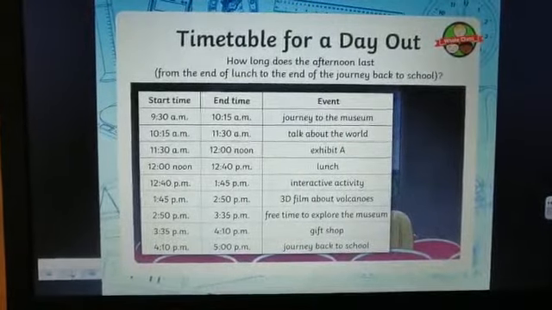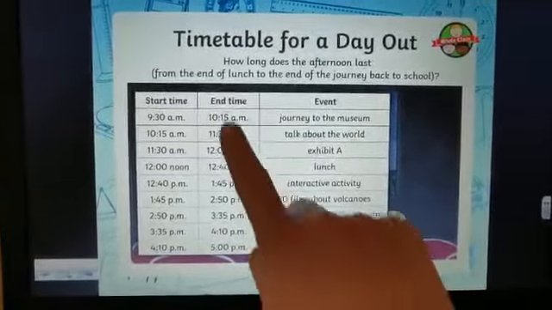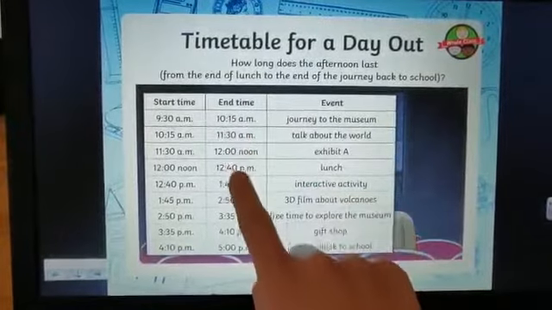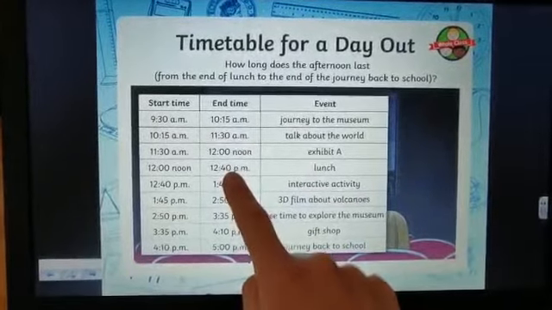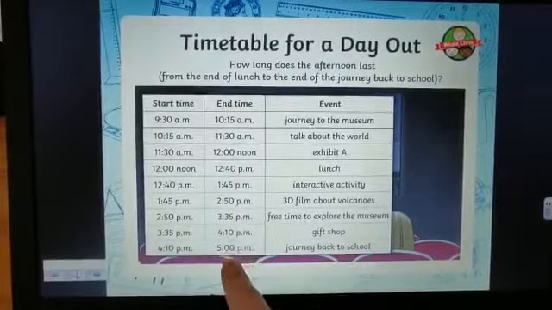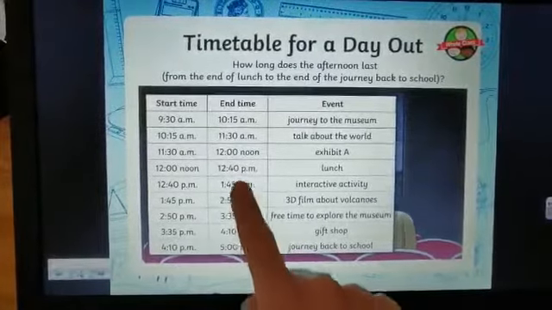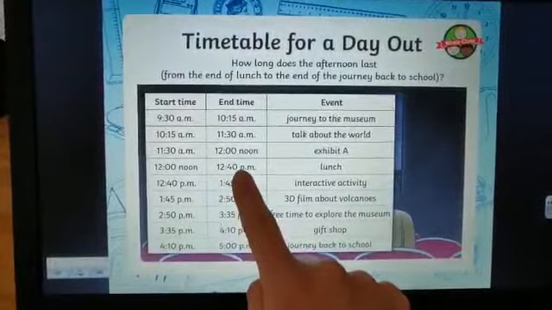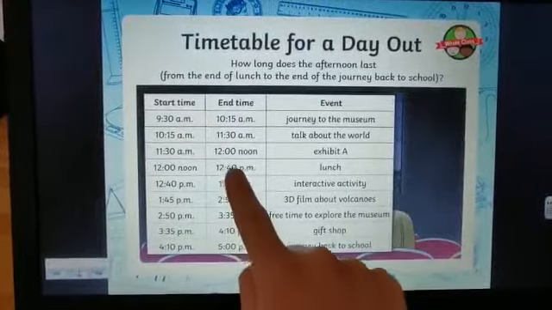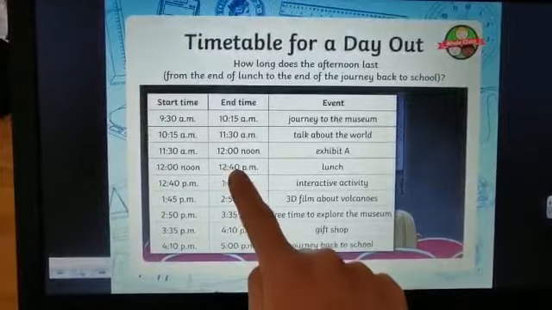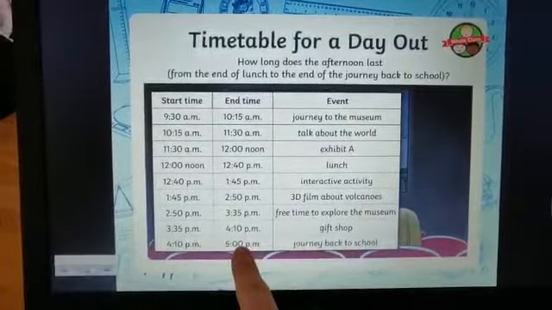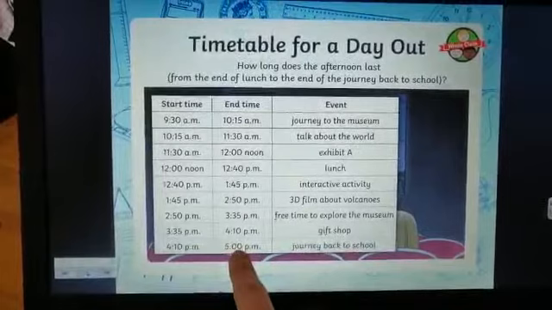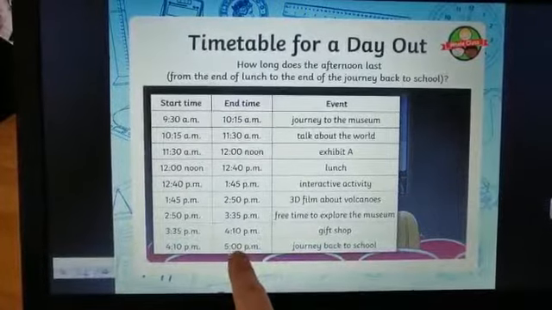So from the end of lunch, so this time I need to look at my table for end of lunch, which is 12:40, to the end of the journey back to school, which is 5 p.m. So from 12:40 to 5 p.m. 12:40 has minutes in the time because I can see digits after the colon, but 5 p.m. doesn't have digits after the colon.